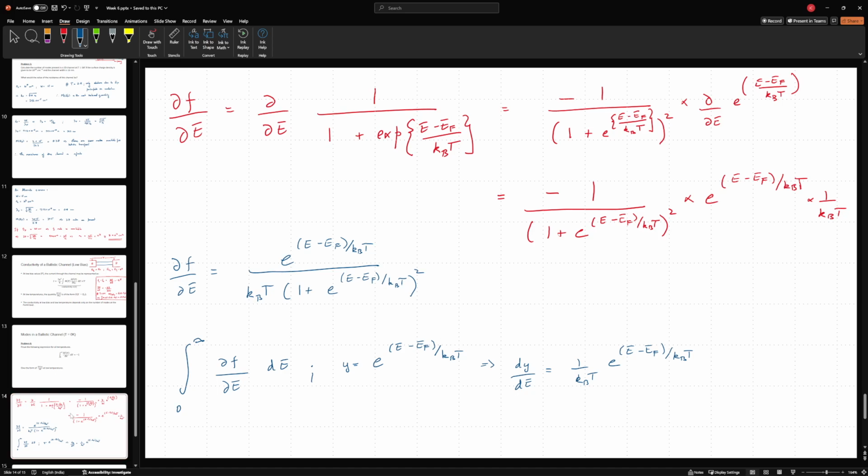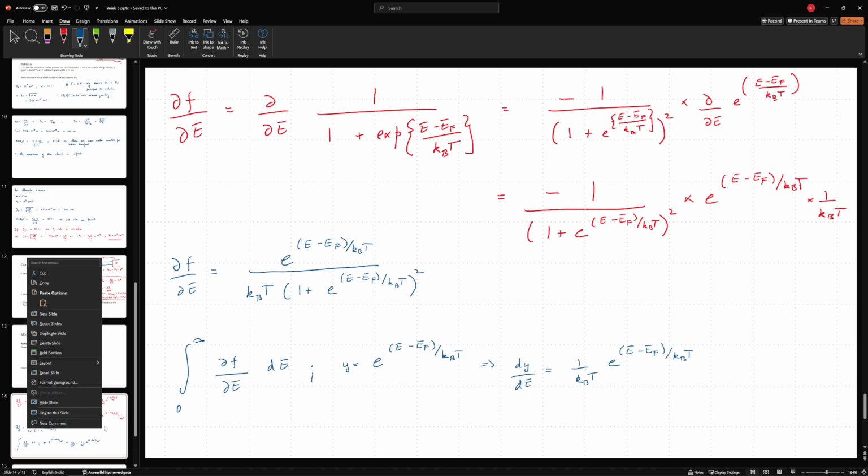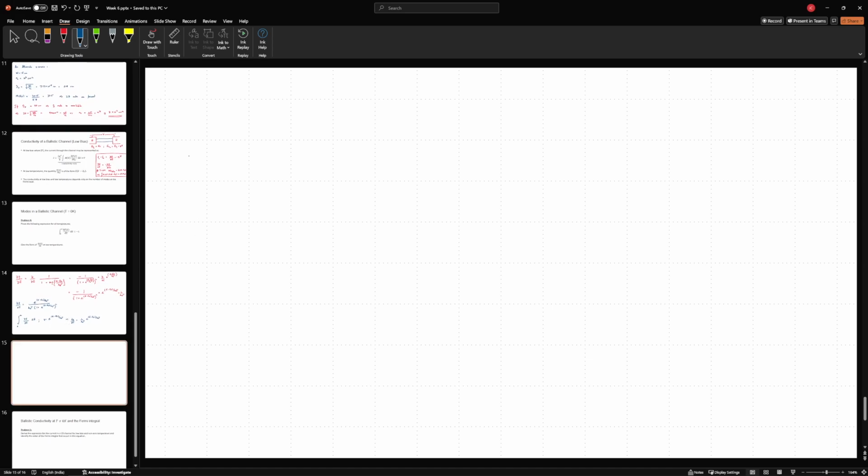So that would imply the integral from 0 to infinity of ∂f/∂E dE is equivalent to an integral whose limits I'll write in just a minute.